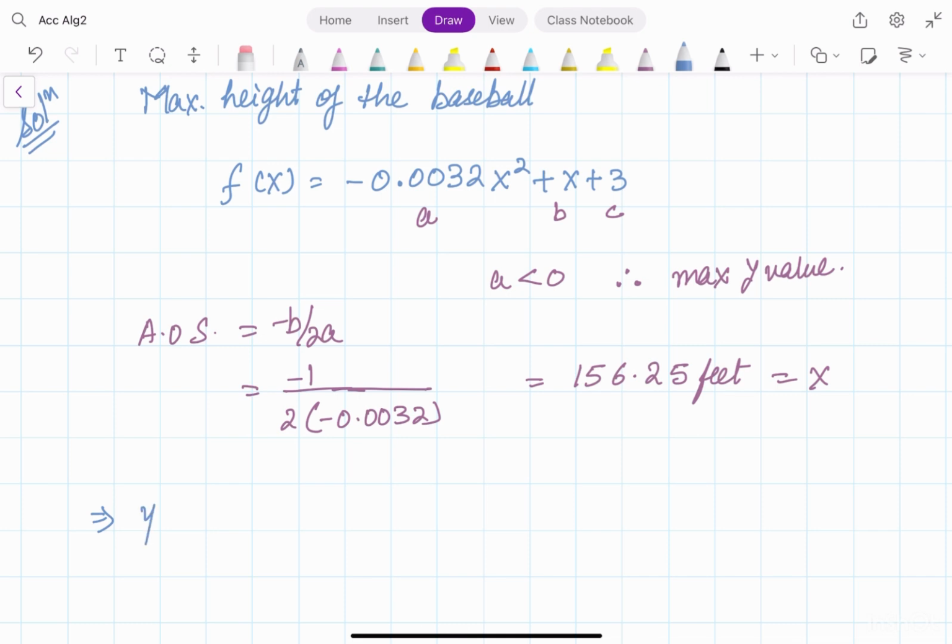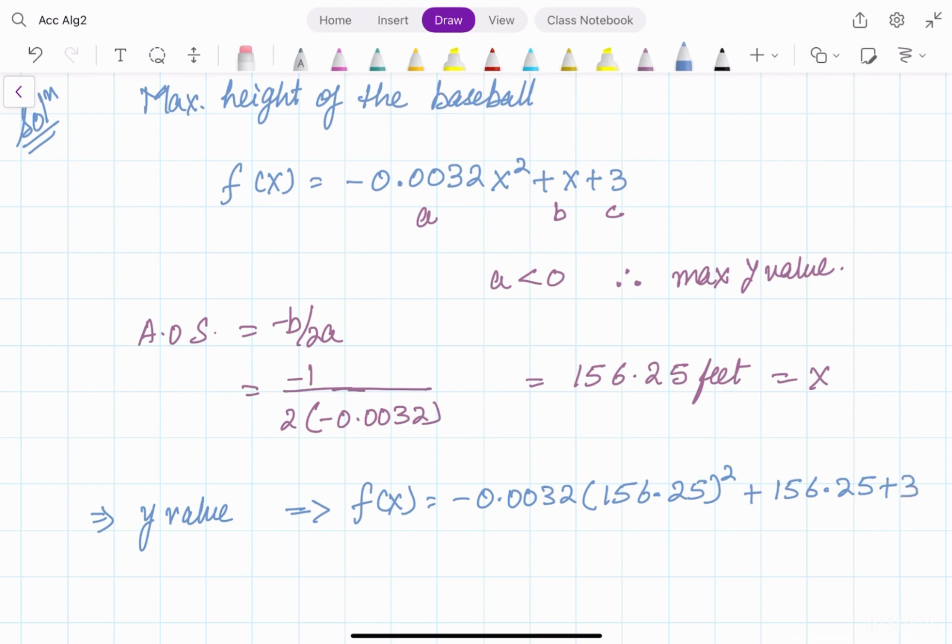So we have f of x is equal to, which is nothing but the y value, squared plus 156.25 plus 3.